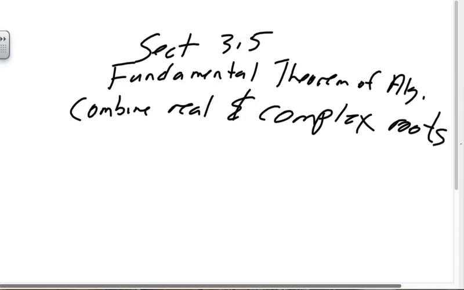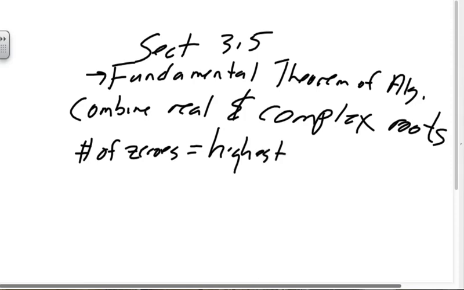Okay, so fundamental theorem of algebra, let's take a look at it real big, says that the number of zeros equals the highest power you've got, which you'd remember as being the degree of your polynomial. So let's take a look at an example.